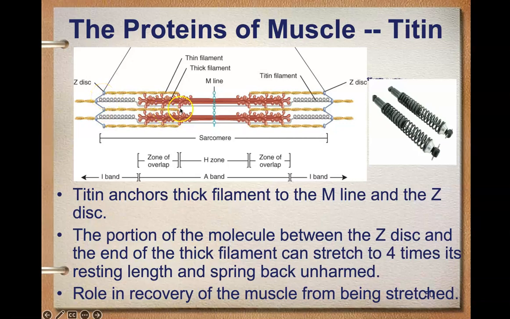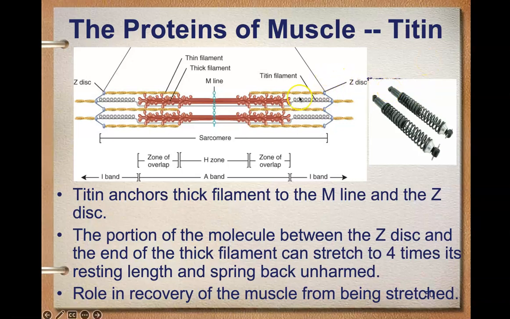What this protein is going to do is act like the shocks in your car, or a spring in anything that has a spring in it, right? Basically, that protein can actually stretch to about 4 times its resting length, and then spring back, right?